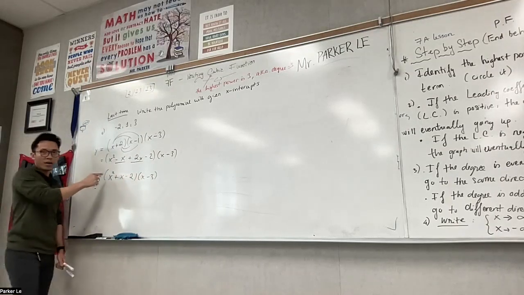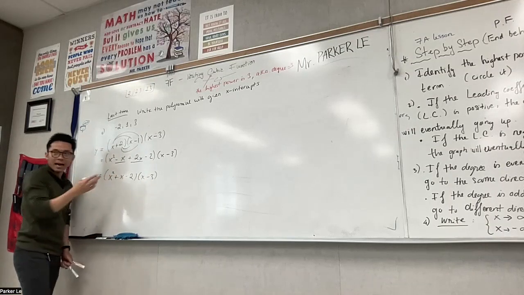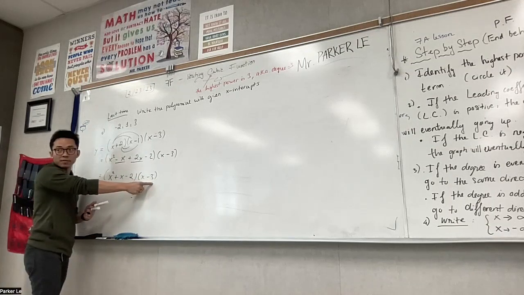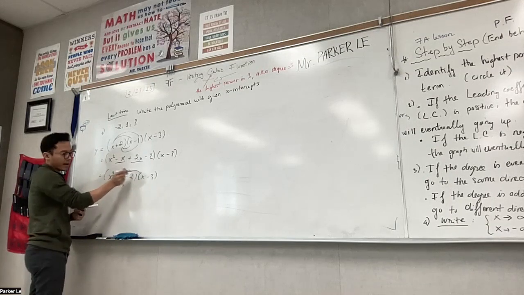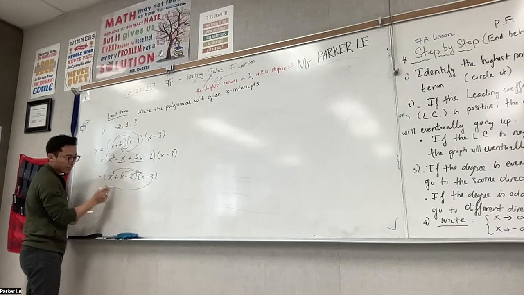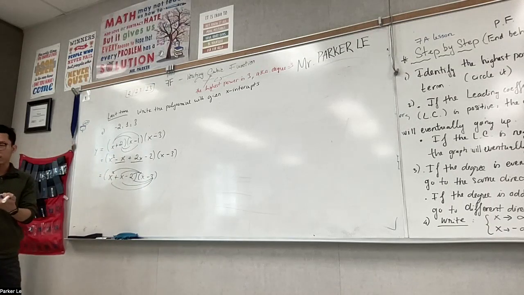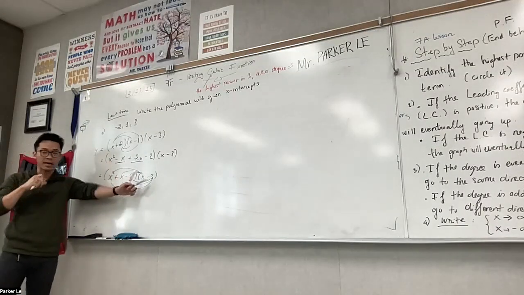If you FOIL more, you're going to multiply this to this. The way I like to do it is from the back, because at the back I just need to deal with two terms. It's the same thing and gives the same answer, but I feel it's faster. I multiply x to everything here, and then multiply 3 to everything here, so I only multiply two terms.